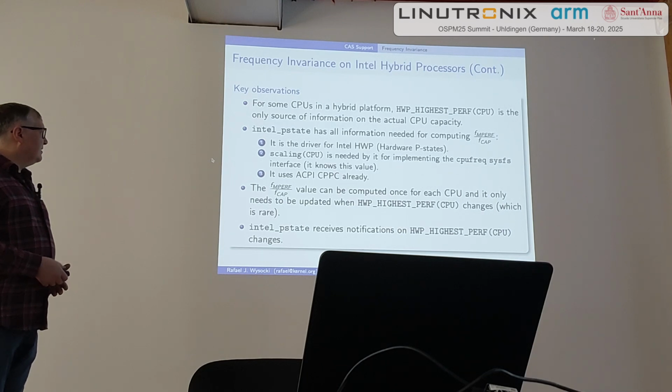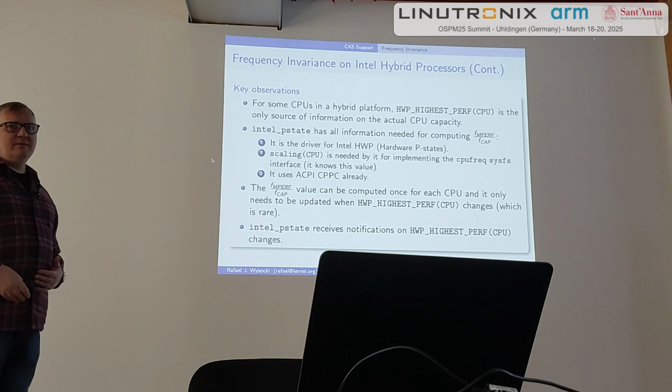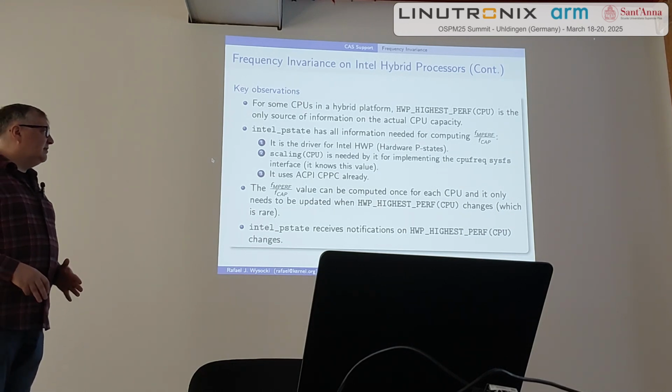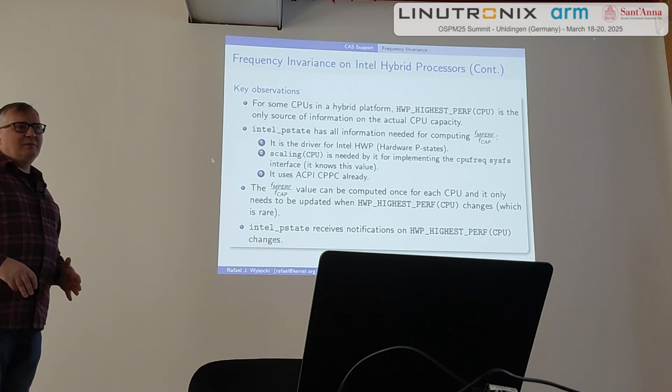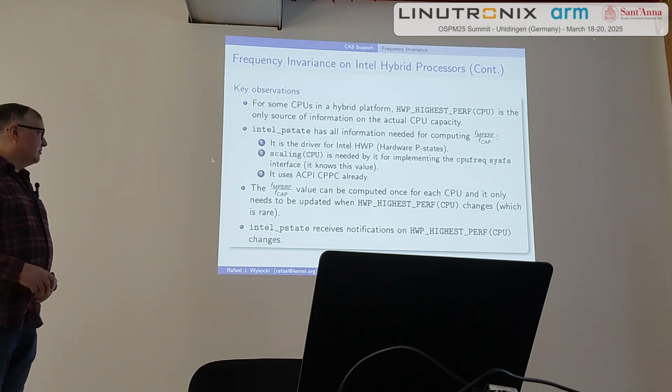The quite important thing is that this only has to be changed when the highest performance of the CPU changes, which can happen sometimes, but not very often. And actually, on the platforms that I have seen, it doesn't change. But it is possible, so the architecture allows that to change.